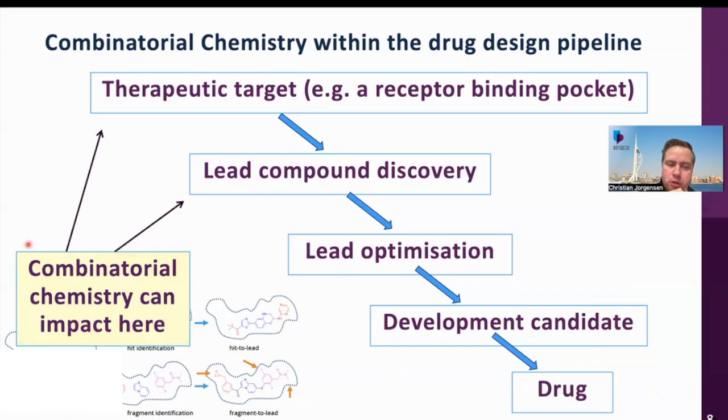Now, combinatorial chemistry can really impact the therapeutic target identification step, where genomic analysis and other scans of databases can identify what gene and therefore what protein might be associated with a disease. And then combinatorial chemistry and the production of massive amounts of leads really impact the lead compound discovery, as opposed to starting from just one lead at a time with the conventional methods.